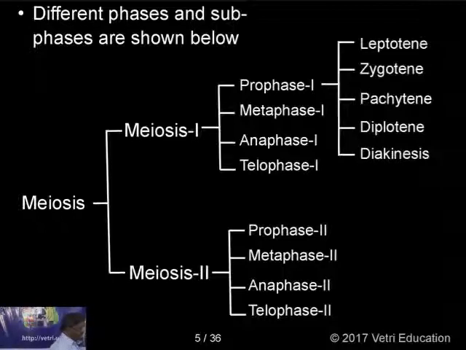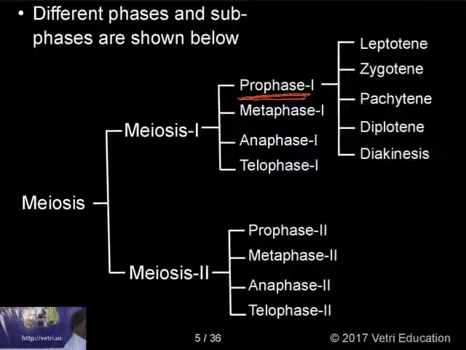In the same way, meiosis 2 has prophase 2, metaphase 2, anaphase 2 and telophase 2. But the very important thing is prophase 1. Prophase 1 has a long duration, so it is subdivided into leptotene, zygotene, pachytene, diplotene and diakinesis. You have to remember this.